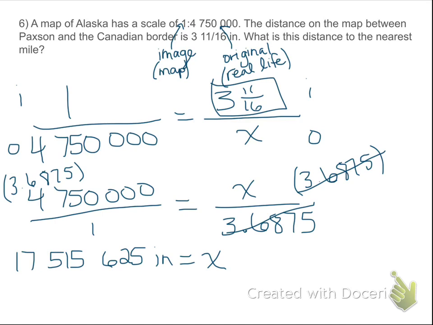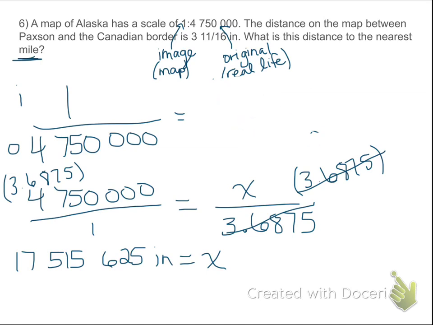But the question says we want it to the nearest mile. So now we need to take this conversion and change it to the nearest mile. So I'm kind of running out of space, so I'm just going to erase a little bit here so that I have some room to convert.